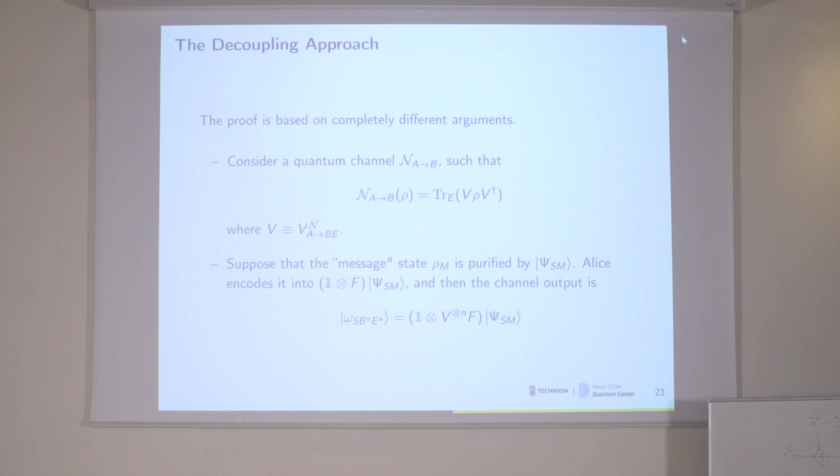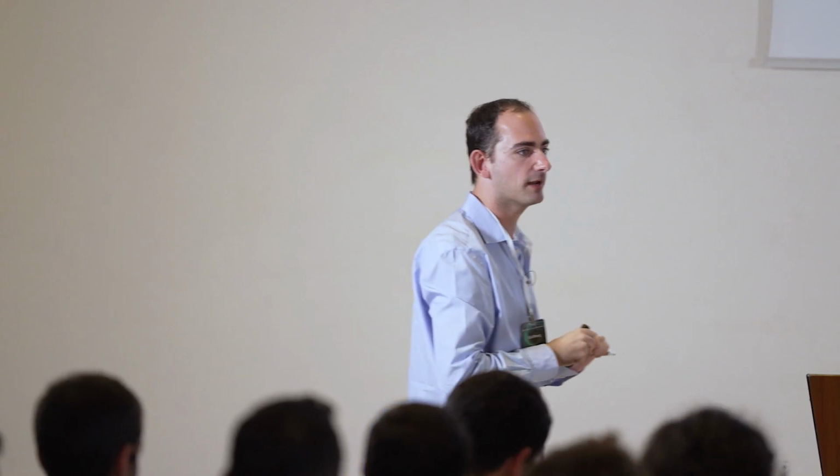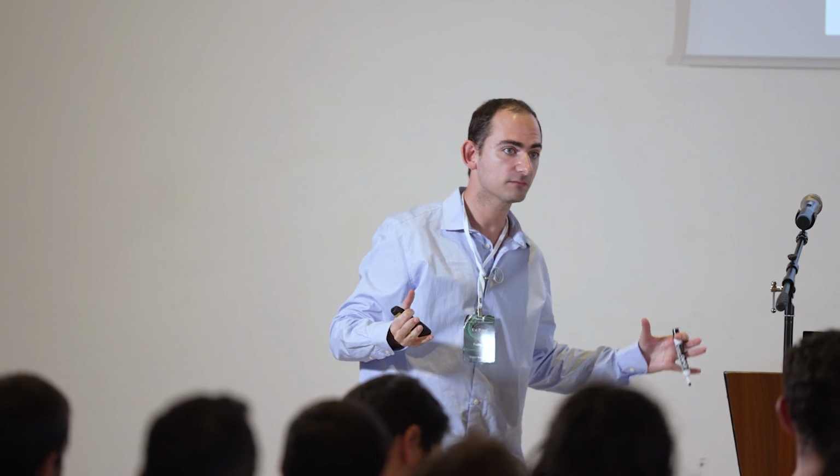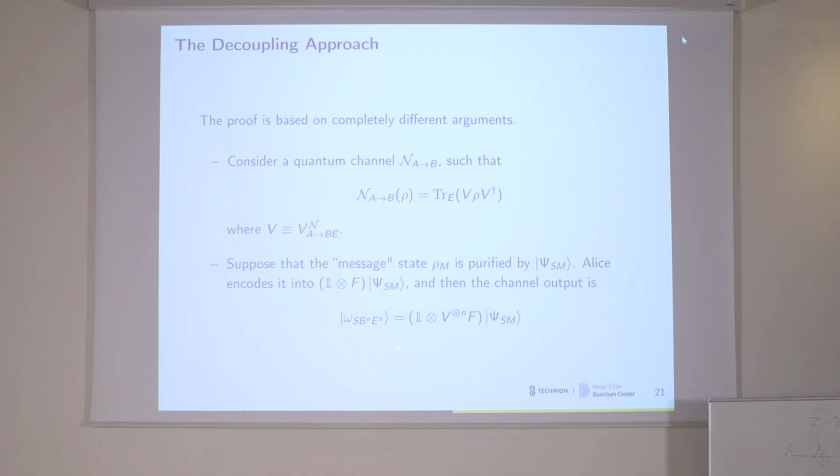I hope you remember this. So now we will focus on this isometry. Let's also suppose that the message state, rho M, has this purification, psi SM. So S is the environment of Alice. And now I look at the joint state of the output that Bob receives, B^n.